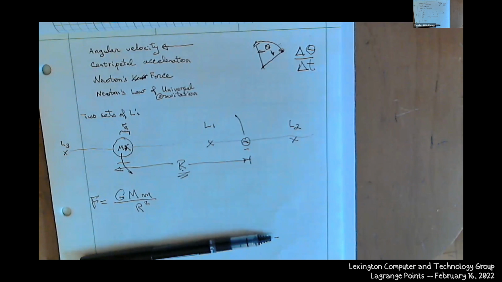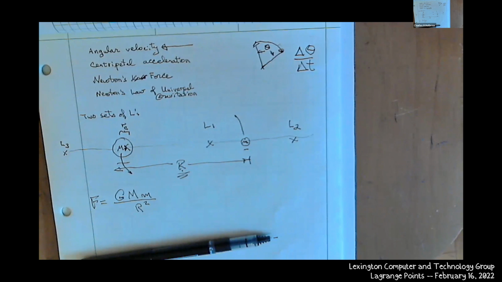I like to be out here in sort of the godlike overview, looking down on the solar system and watching it rotate underneath me. And then what I'm telling you is that I want to find point L2, where if I put a mass there, the gravitational attraction of the sun on that mass, plus the gravitational attraction of the Earth on that mass, will produce uniform circular motion with exactly the same angular velocity as the sun's attraction on the Earth produces of the Earth.